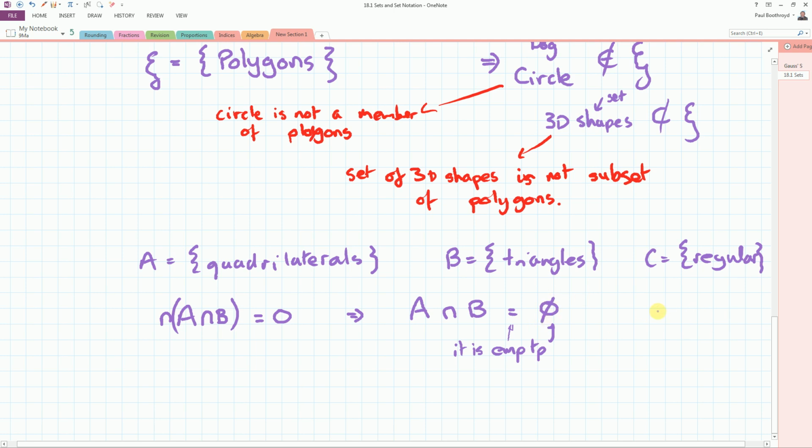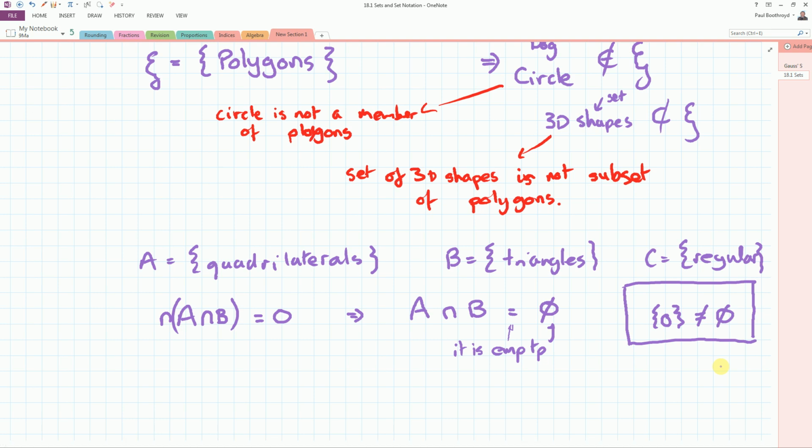The reason that's needed is the set of 0 is actually not equal to the empty set. A set of values 0 on their own is not the empty set. And this is one of the things that led to Bertrand Russell not being able to formulate maths completely in the 1910s. He was trying to work out, I have a list of lists, or all possible lists.